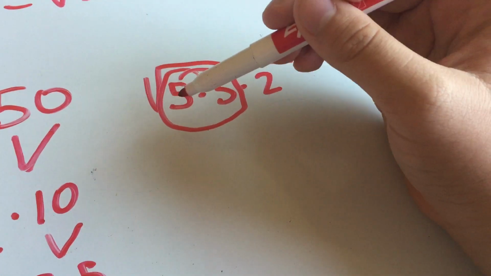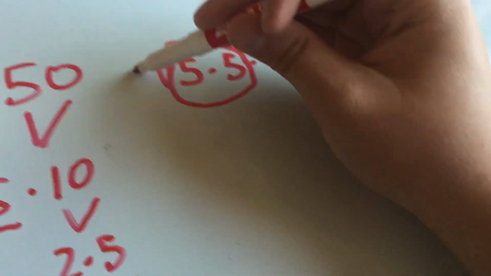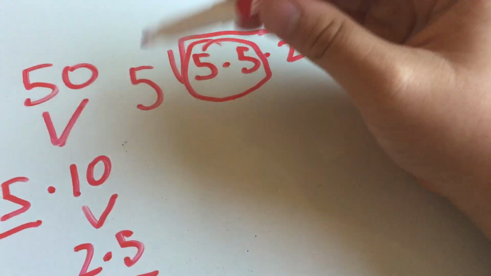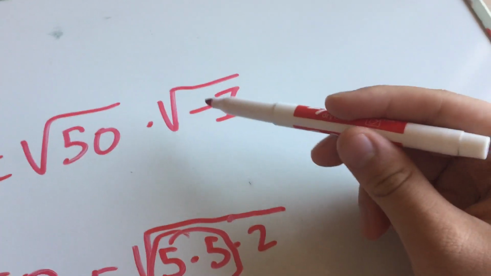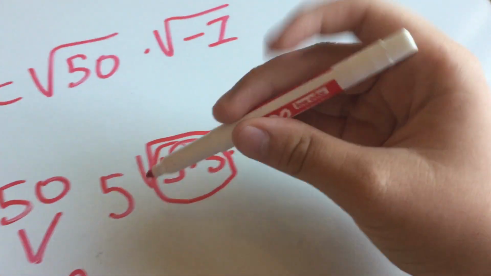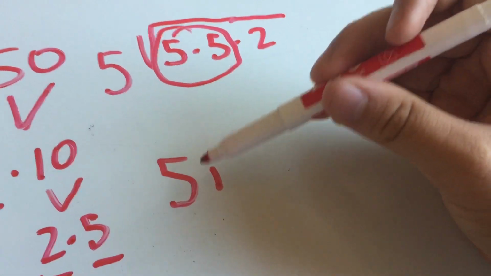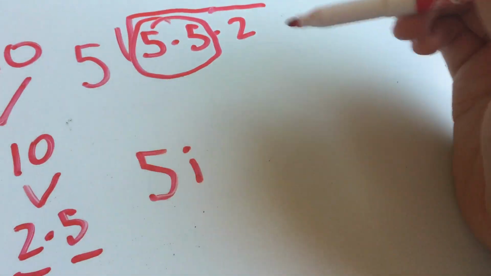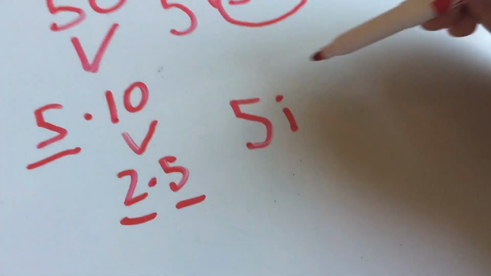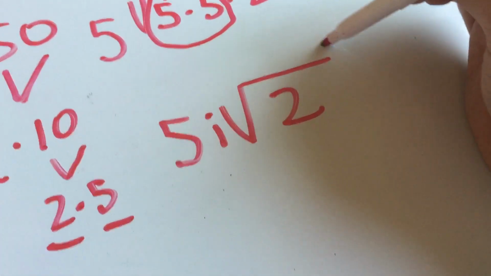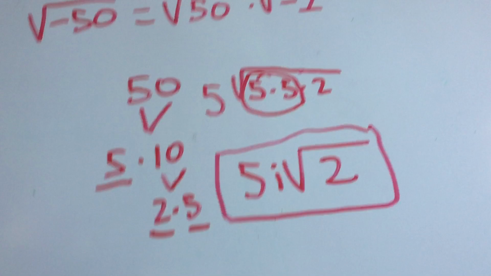Since 5 times 5 is 25, and the square root of 25 is 5, we move the 5 outside. Also, the square root of negative 1 is i. So your answer should be 5i, and the i must be written before the radical, not after it, then the square root of 2. That is your answer. Okay.